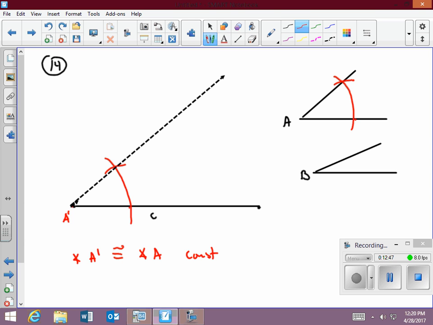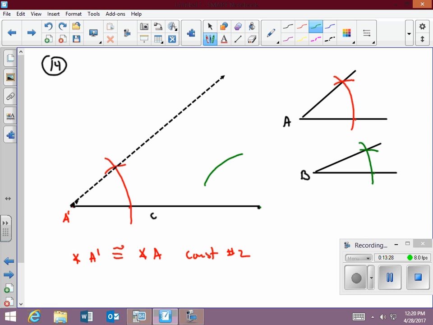You've just used the process, and I think there's a construction thing in this section, to copy an angle, construction 2. And then you're going to use that construction 2 to do the same thing here. You run an arc, put your point here, run that same arc over here, then put your point here, run an arc.